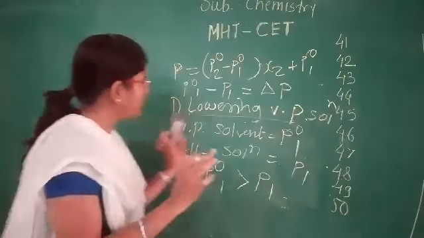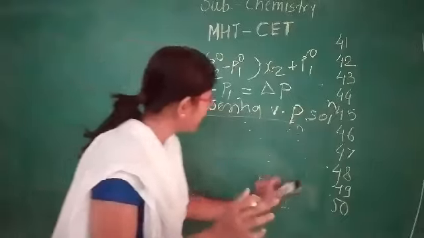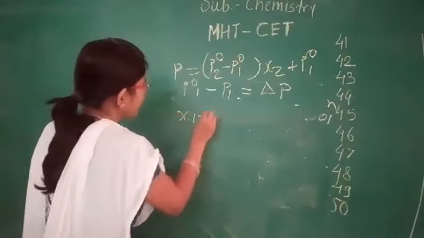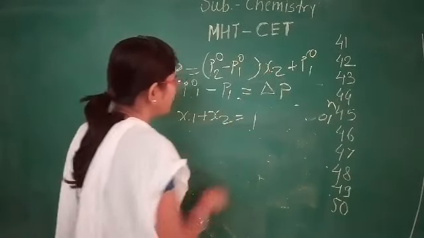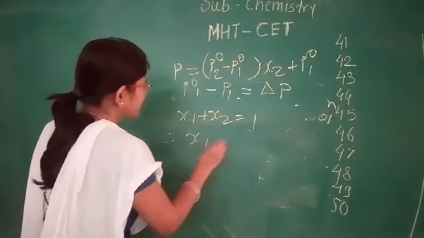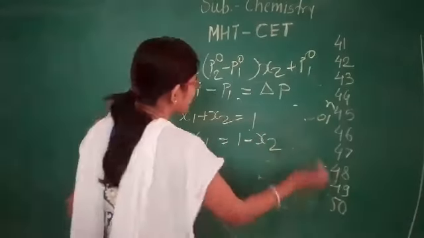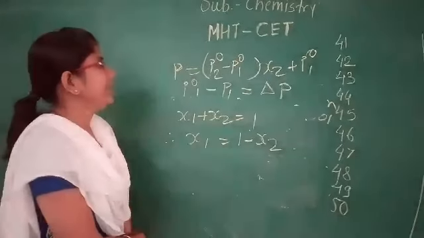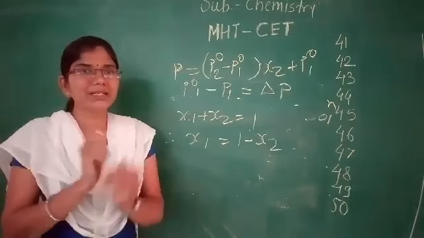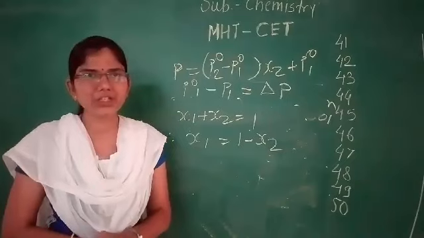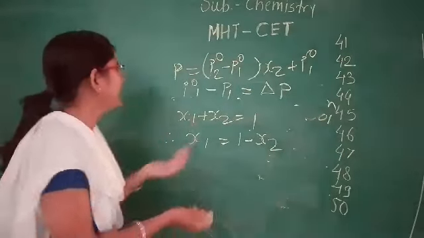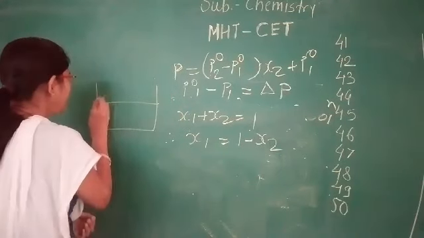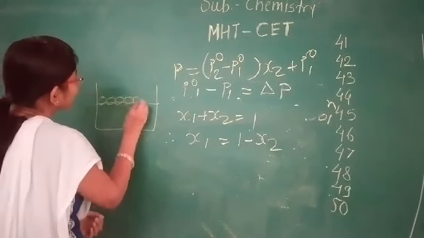But when we study the binary solution, we know that x1 plus x2 is equal to 1, and therefore x1 is equal to 1 minus x2. But there is some deviation from Raoult's law.